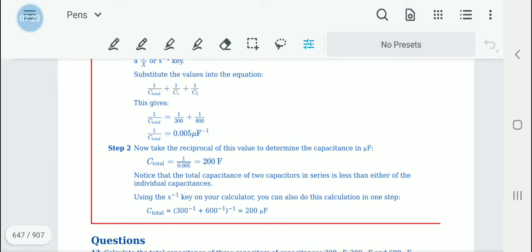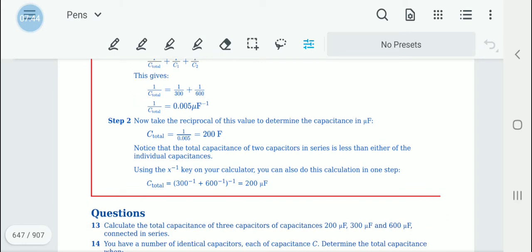Then 1 upon C total is going to be 0.005 per microfarad, right? Now we get the reciprocal of this to find the C total. Then it becomes 1 upon 0.005, that is 200 farads. So that gives us the capacitance.